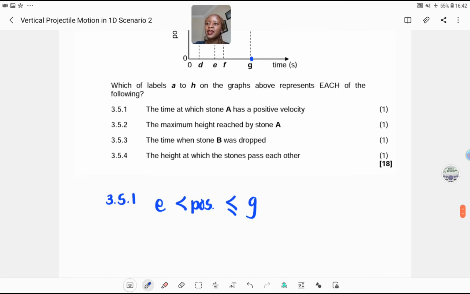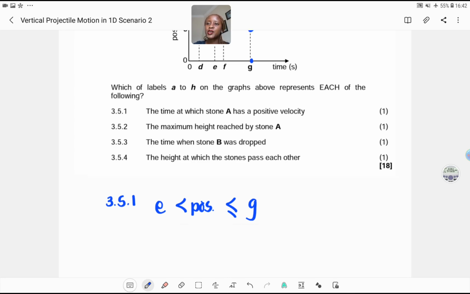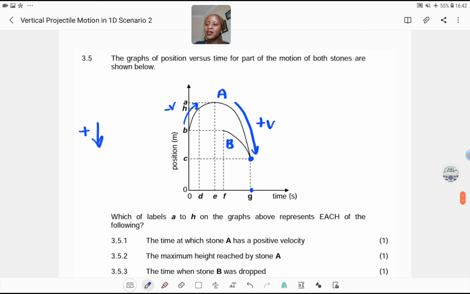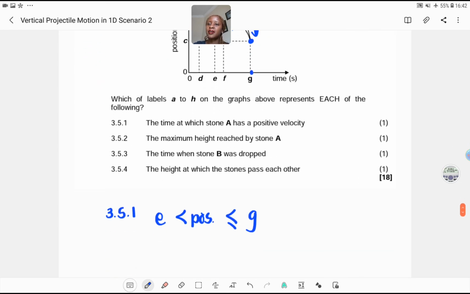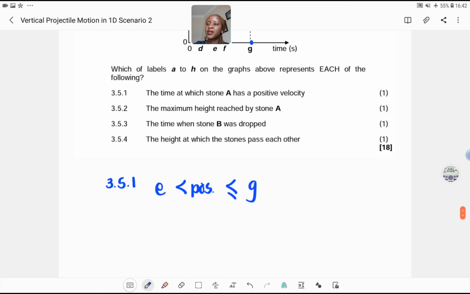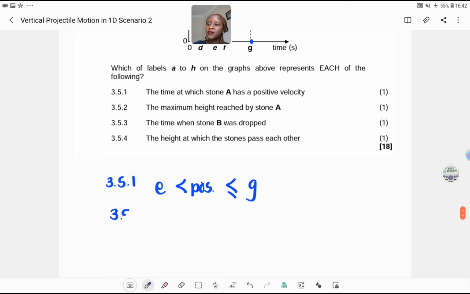Okay, then 3.5.2, the maximum height reached by stone A. So maximum height, that is A. Okay, I think you can see that. That is the maximum height. So that is A. I'm just going to write it down. 3.5.2, that is A.